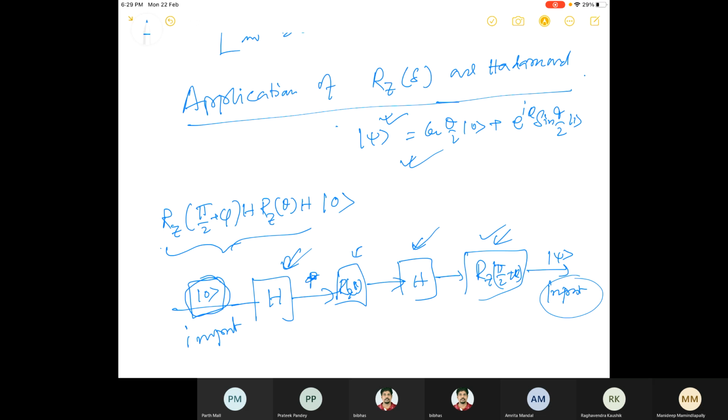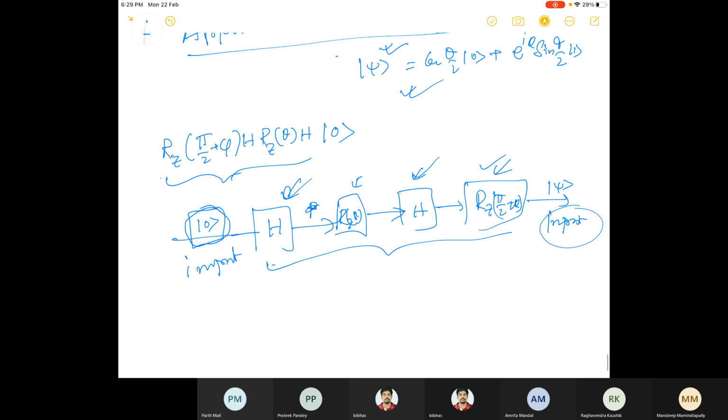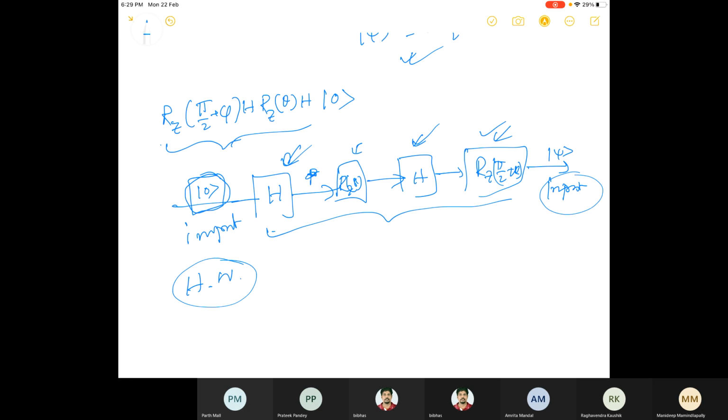As I said, in quantum computation there are three things: one is preparation, second is realization of unitary operations, and third is measurement. So how do we realize these unitary matrices experimentally? That could be a challenging part. But this is homework: you can just multiply it and check whether this is true or not. If this is true, then any qubit state in this world can be created.